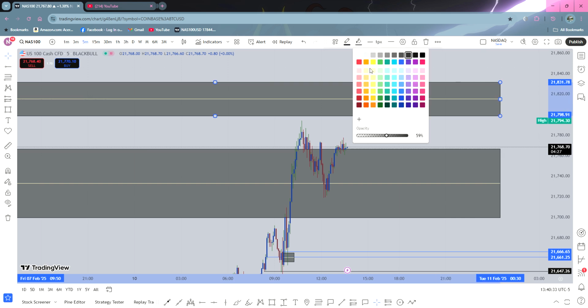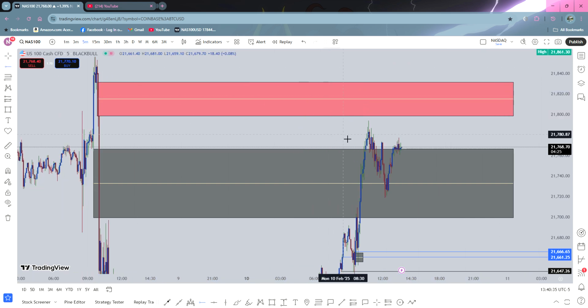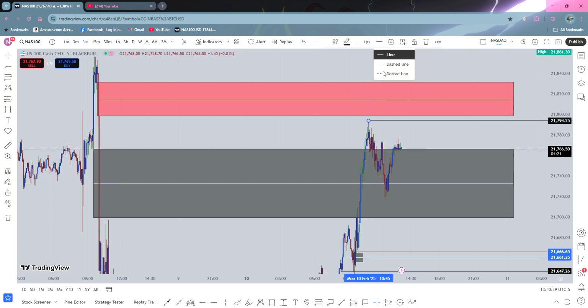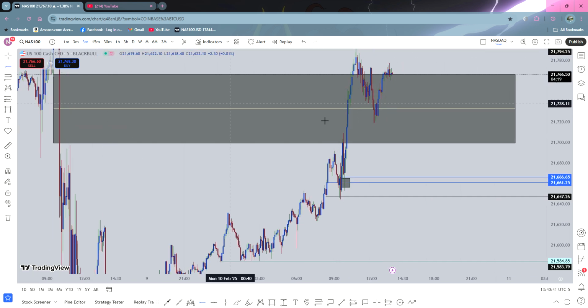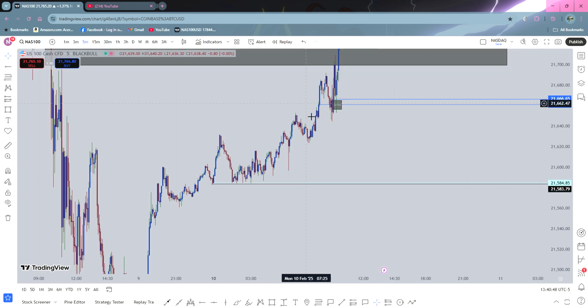Keep in mind, guys, this is way too risky to enter this trade. Way too risky. We already did this move, but look what we left here, guys. Money.